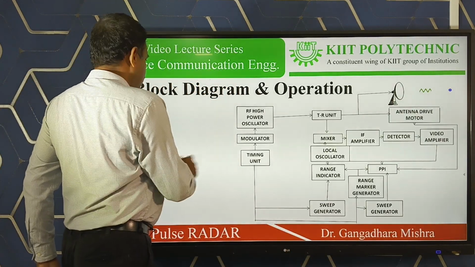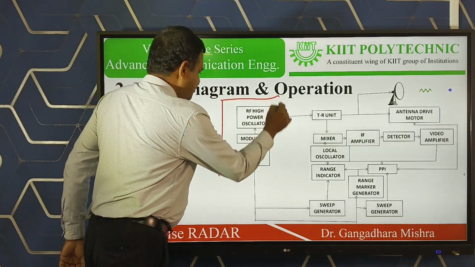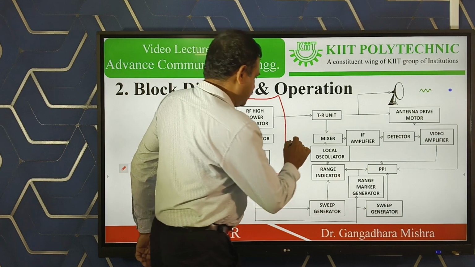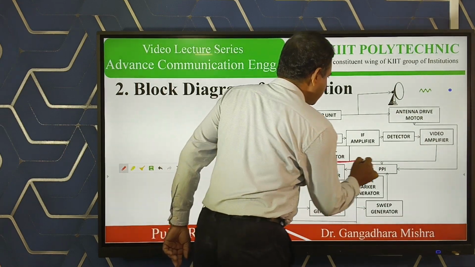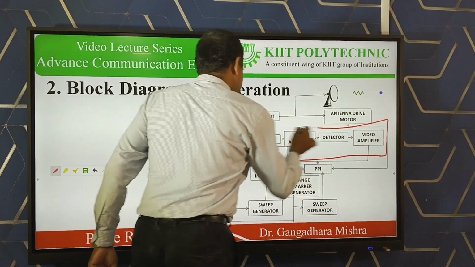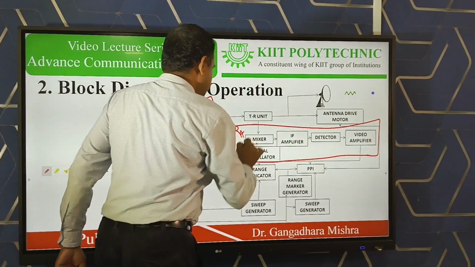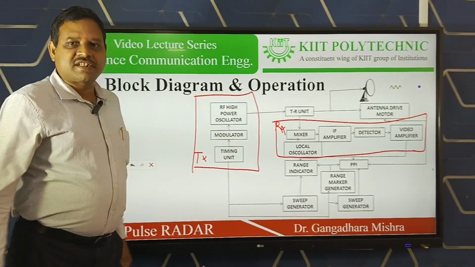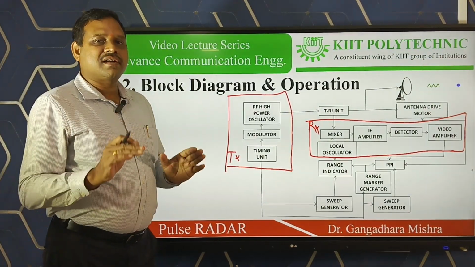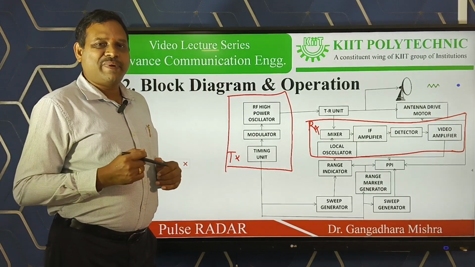This section is my transmitter section. This section is my receiver section. Along with these two sections, we have one more additional thing in this radar system, that is the display unit.